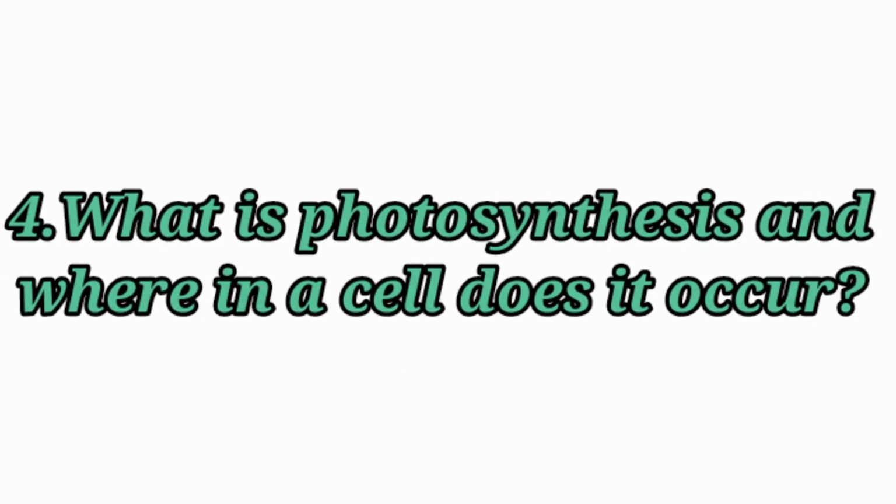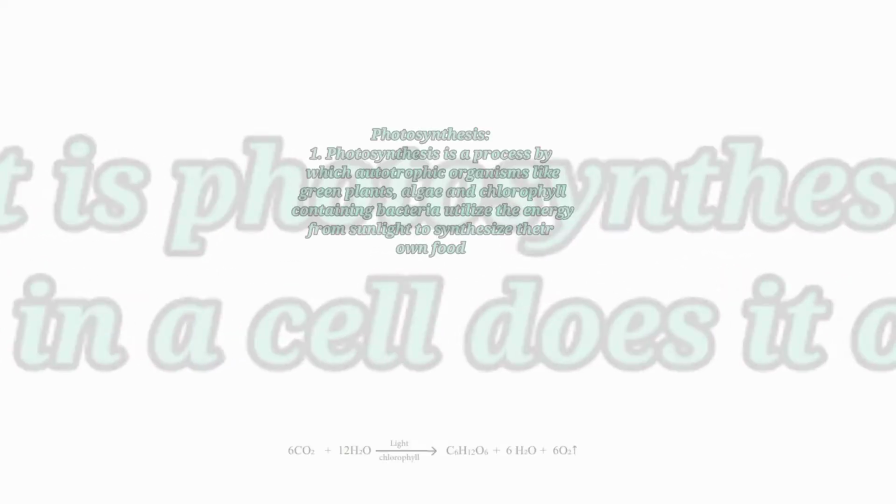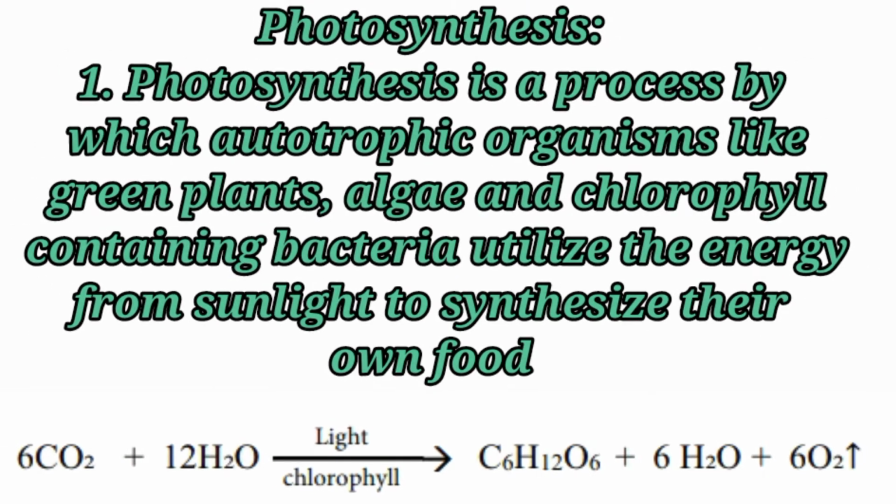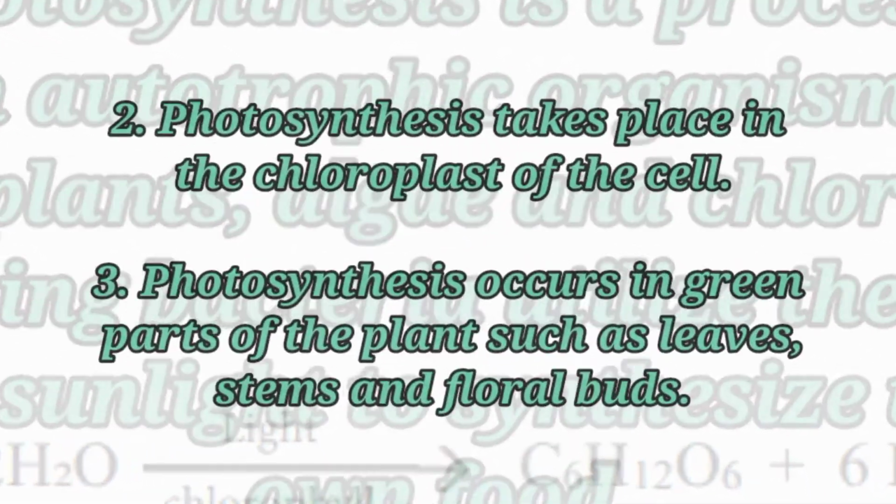Fifth question. What is photosynthesis and where in a cell does it occur? Photosynthesis is a process by which autotrophic organisms like green plants, algae and chlorophyll containing bacteria utilize the energy from sunlight to synthesize their own food. 6CO2 + 12H2O, with the help of light and chlorophyll, gives C6H12O6 + 6H2O + 6O2 (oxygen gas).